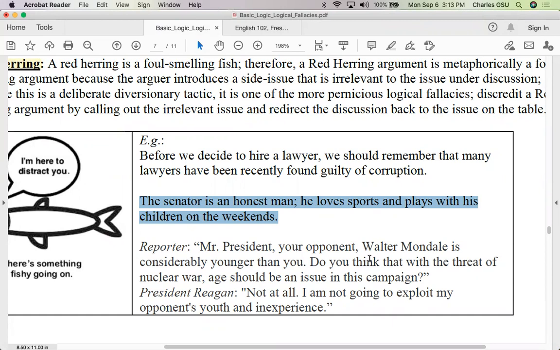So what a lot of people want you to believe, and this is kind of the pathos-driven argument, tugging on your emotions, is that somehow being a married man, a family man, and liking sports, whether it's football or basketball, signals that he's a hunky-dory, wholesome person, right? But that has nothing to do with honesty.